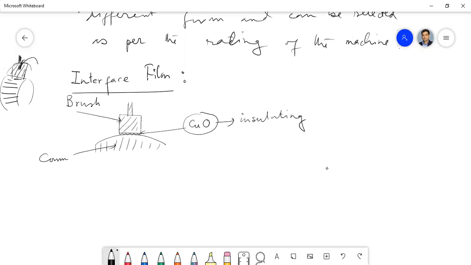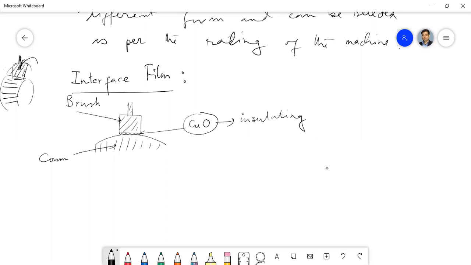Okay, I think it is a little difficult. We don't need to do any reduction because we don't bother about this cupric oxide interface film, because in spite of this cupric oxide interface film the commutation continues smoothly.